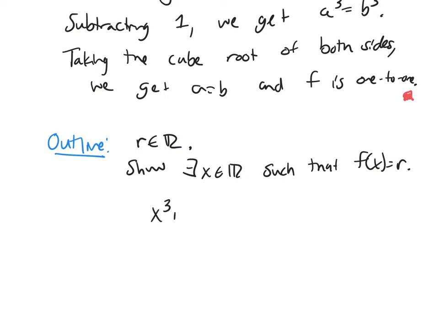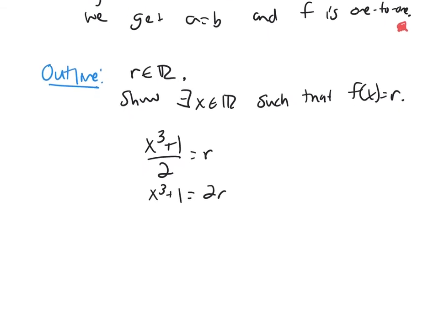I want (x cubed plus 1) over 2 to be equal to R. That means I want x cubed plus 1 equals 2R. x cubed equals 2R minus 1. You can take the cube root of any number, and that's our value for x.